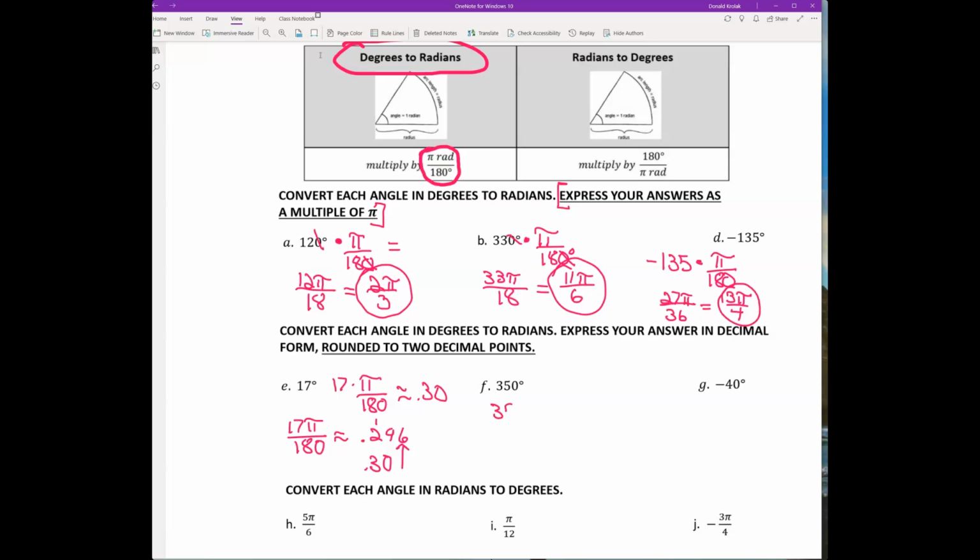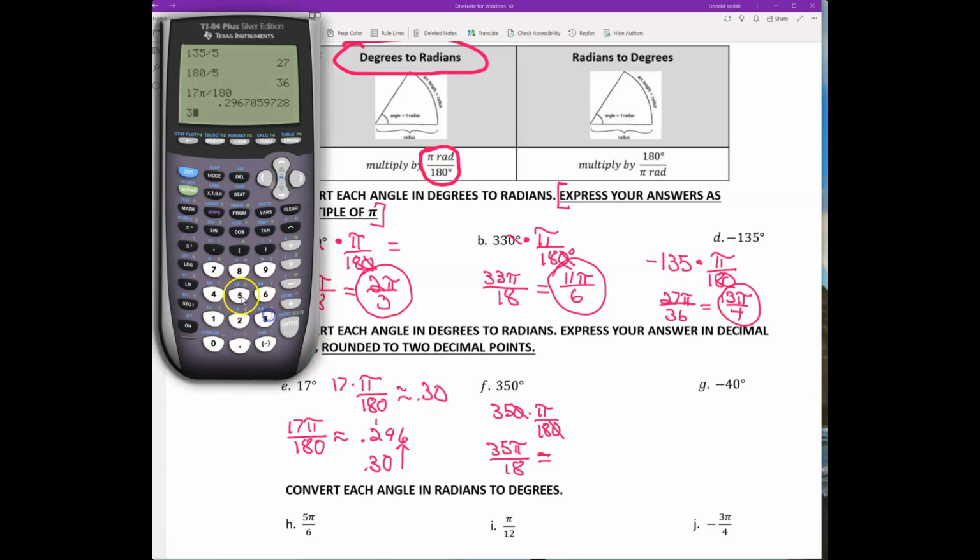Right? 350 times pi over 180. You can divide both by 10, so I got smaller numbers. All right, and nothing goes into 35 and 18. So now I'm going to multiply that and divide it out.